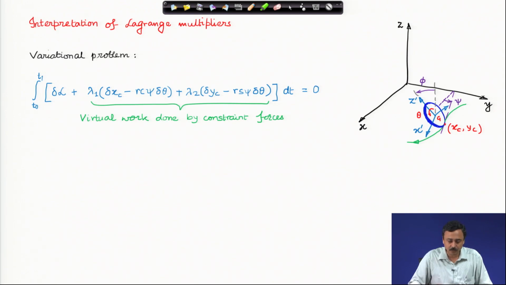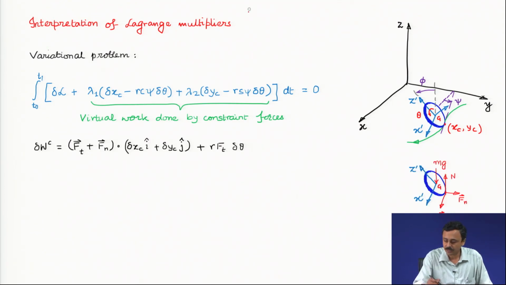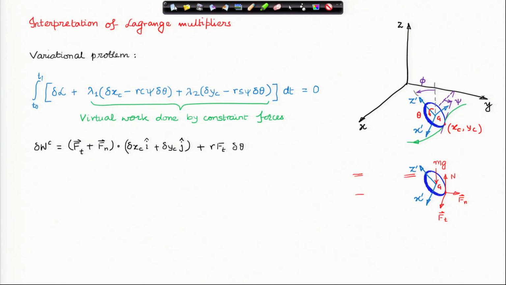Let us look at this point a little further. What are our constraint forces? This is the free body diagram of the coin or the disc. Notice we have these constraint forces. One is tangential to the path.